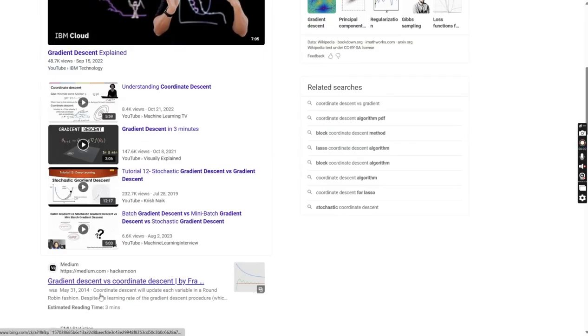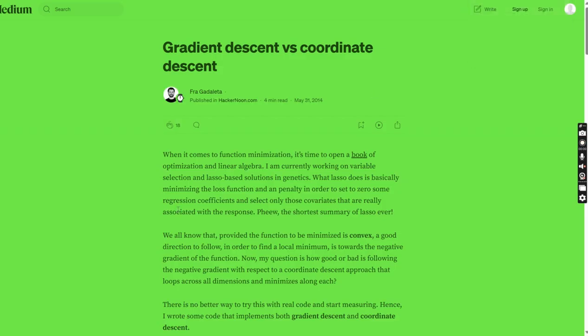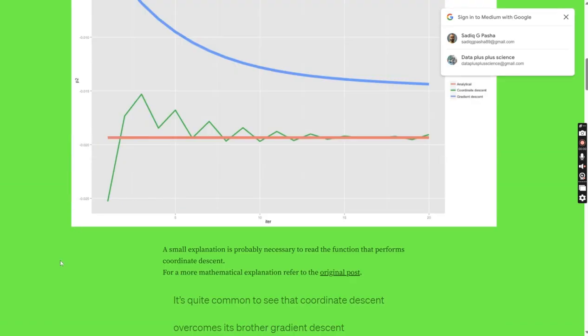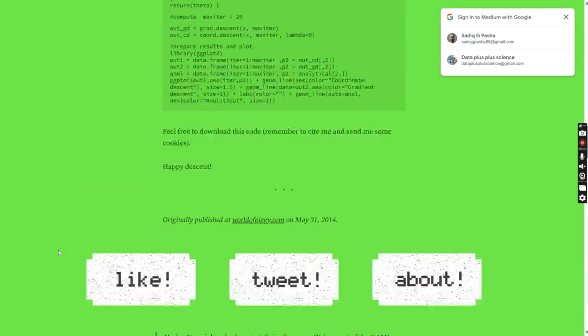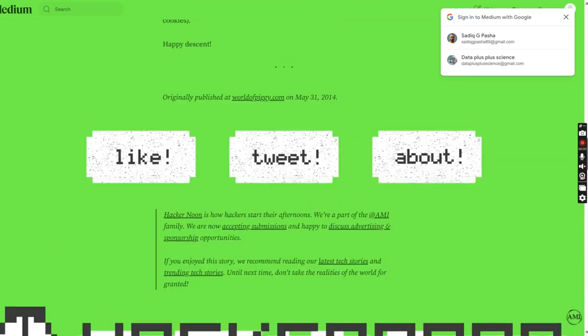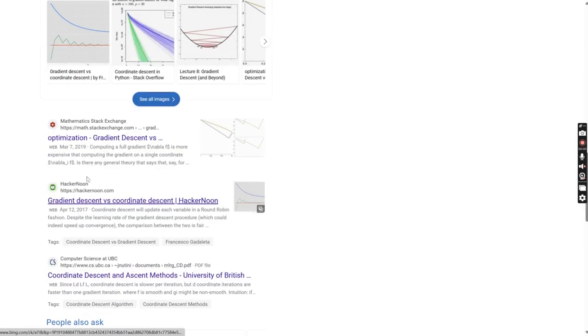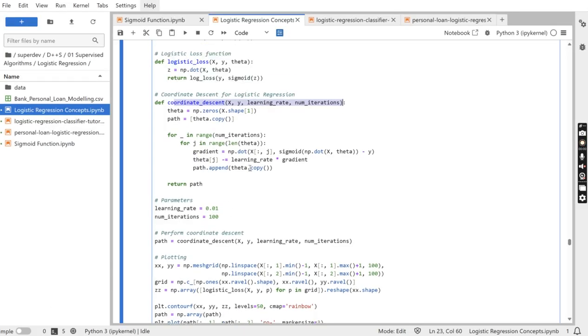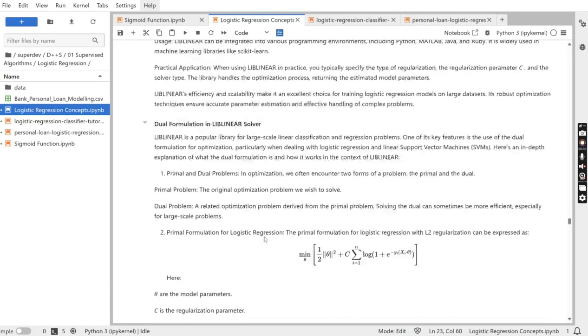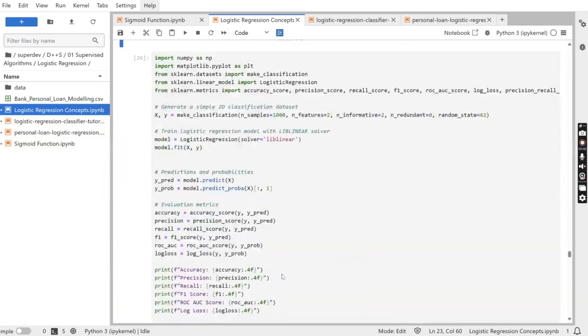One moment. Not this. I think I had one good one, or maybe I added it somewhere here. Okay, there is a minor difference.